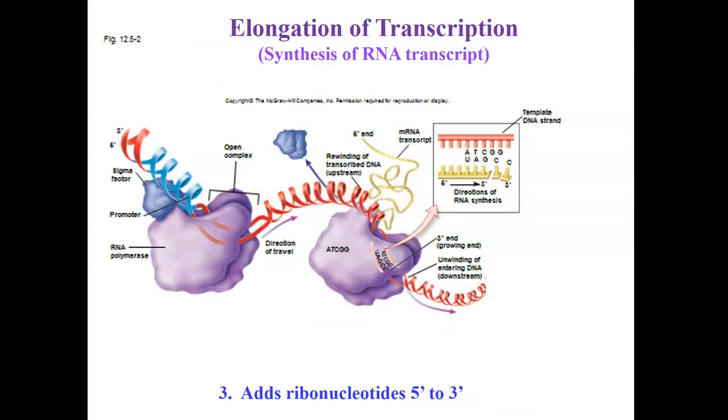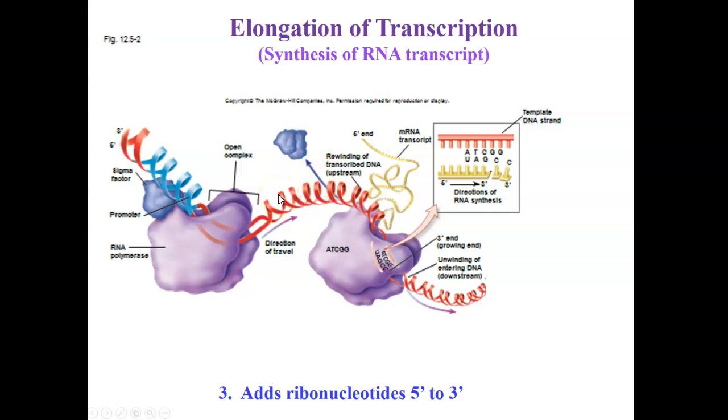So once we've initiated our complex and we begin to move down the gene towards that transcription start site, and the double-strand DNA is unwound, the RNA polymerase is going to begin to facilitate the polymerization of that new strand of mRNA. That sigma factor, this is true again only for bacteria, is going to dissociate and is no longer needed.